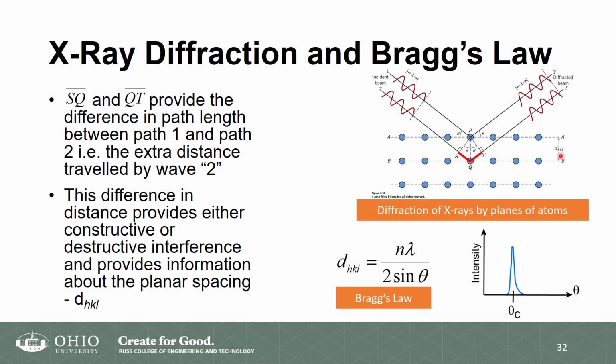This d is related to this theta, and this theta is related to this extra distance. Through some mathematical and physical laws, we're able to calculate this interplanar spacing based on how these two beams converge.